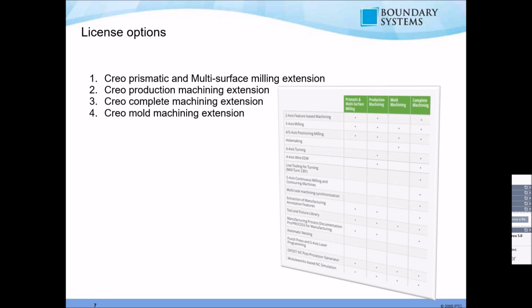You get everything that's in production machining extension, but we add live tooling, for instance, and we're also adding 5-axis continuous toolpaths that you can create. Then you can also buy the Creo Mold Machining Extension. You can buy that separately, so it's not an add-on onto any of these. It can be a standalone feature, but we'll have a slide on that as well now.